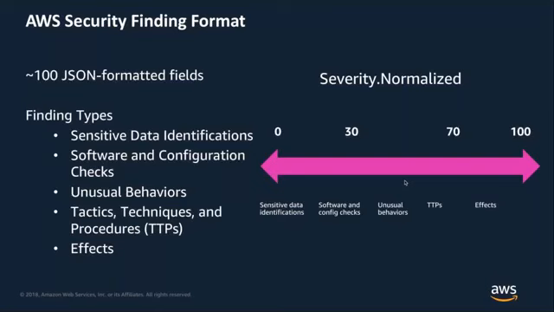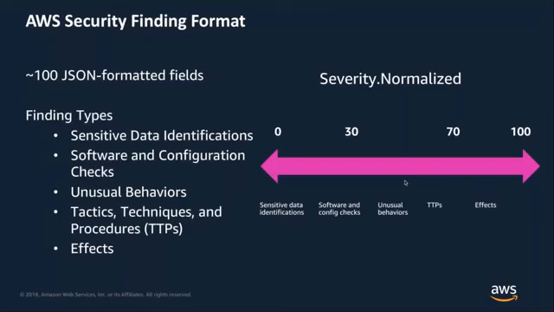Now, this is pretty high level, and there's still lots of latitude for how partners actually do their scoring, but we've given partners some high level but important guidance about how to think about severity scoring. So every finding comes to us with both the original severity score that the provider or partner created, and also a normalized severity score that's aligned to this 0 to 100 scale.